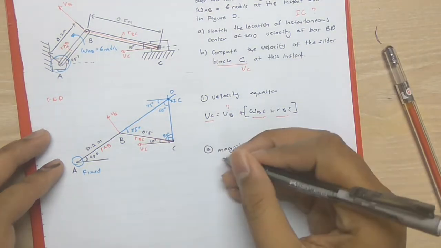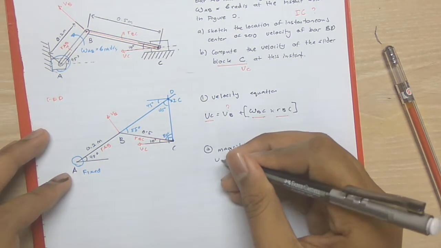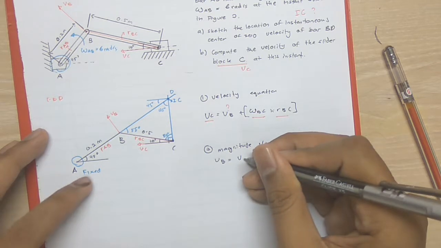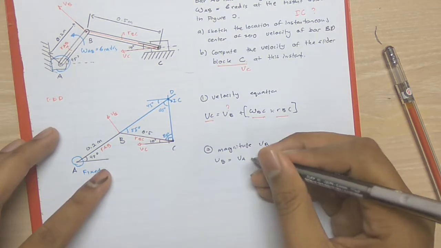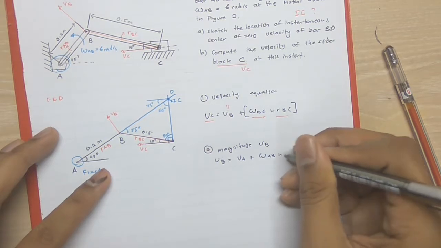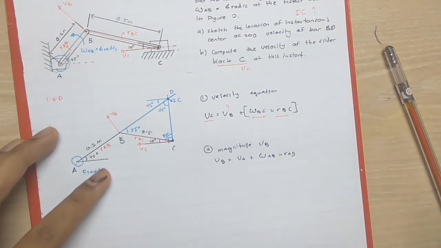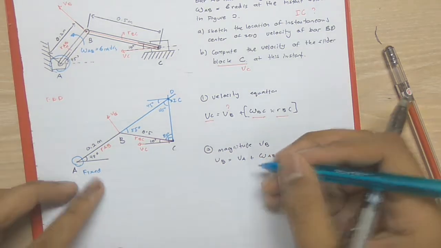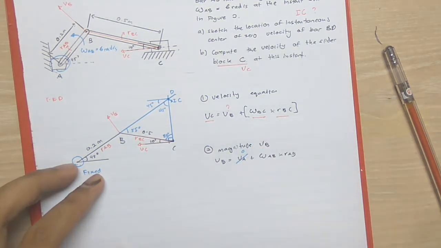So we write the equation VB equals VA plus omega AB times RAB. We know that VA is fixed, so VA is 0.